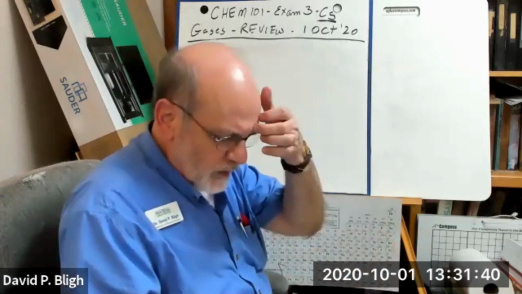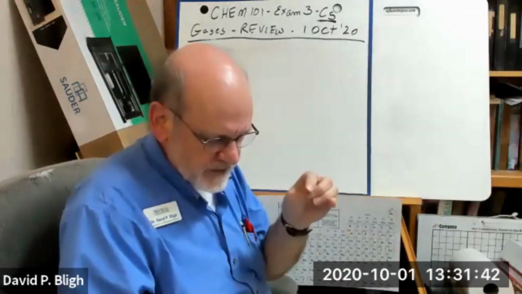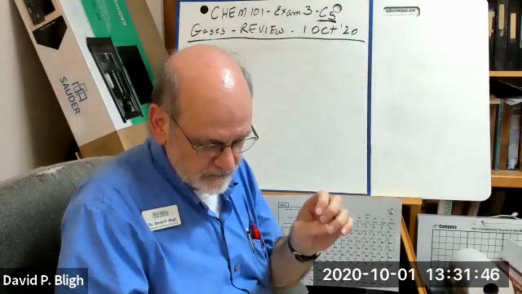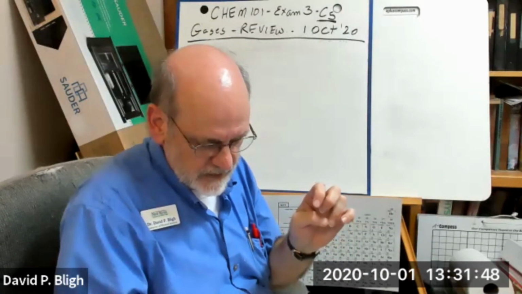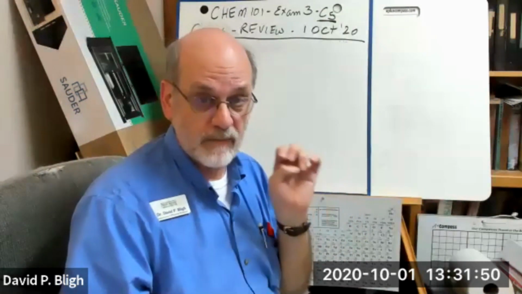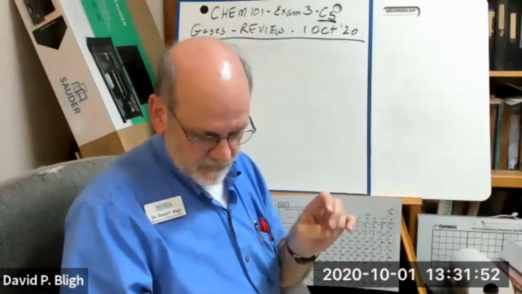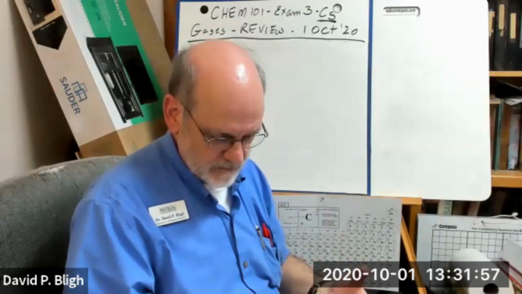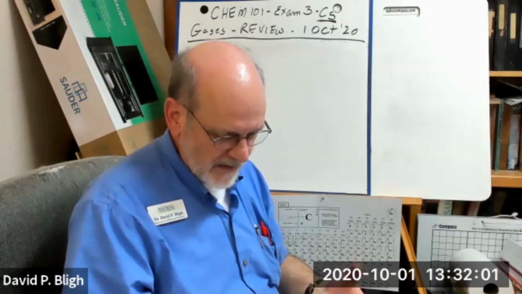I have 61 marked, but the solution to 61 is also using the combination of the ideal gas equation and molecular weight. And what that gives you is the molar mass for this gas.